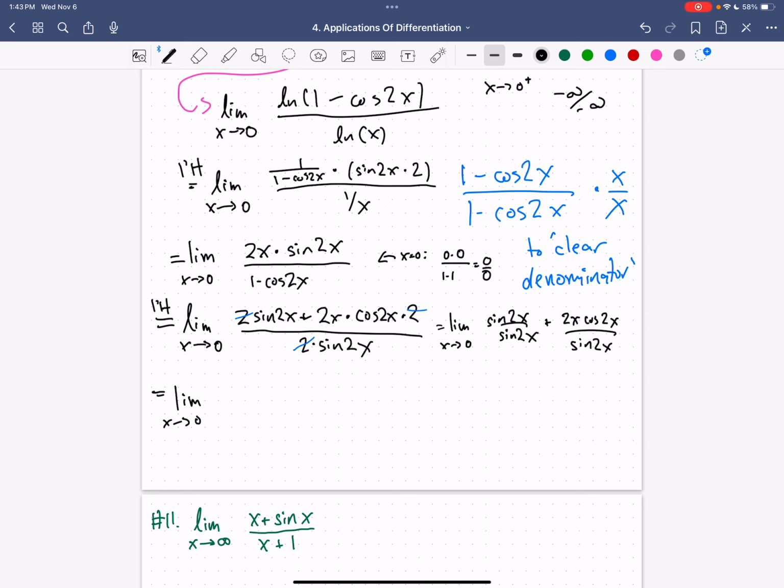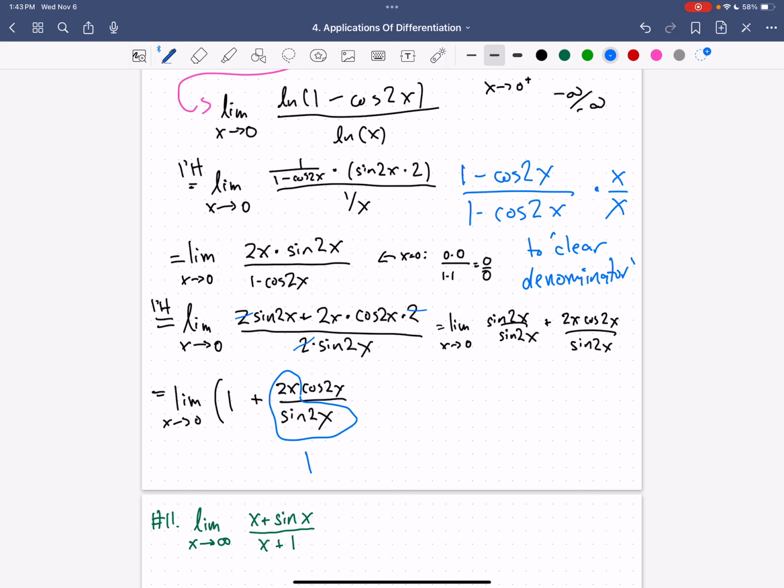So you have the limit as x goes to 0 of 1 plus 2x cos 2x over sine 2x. But this 2x over sine 2x, we know will give us 1 as we take the limit.